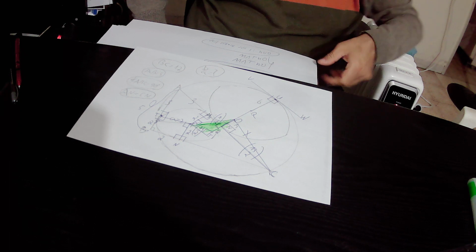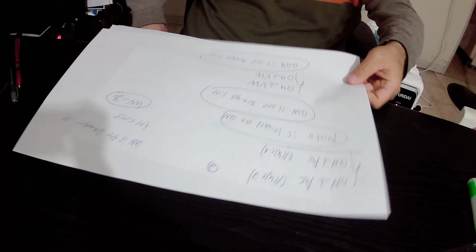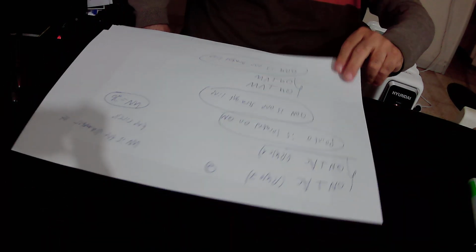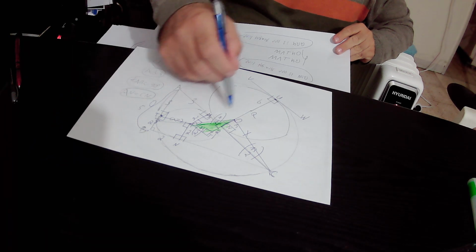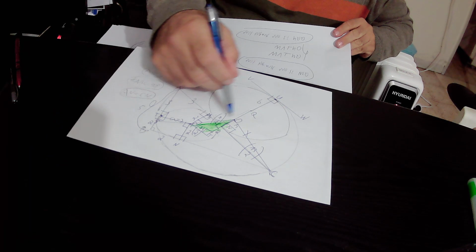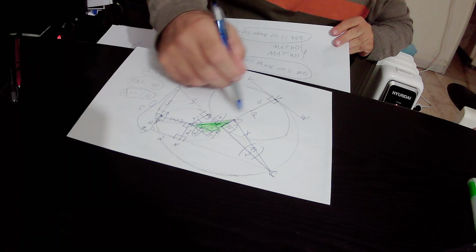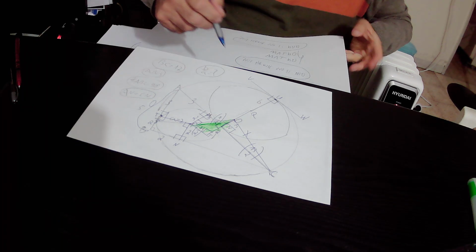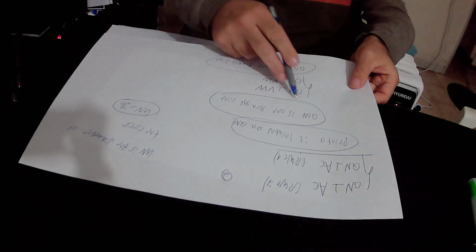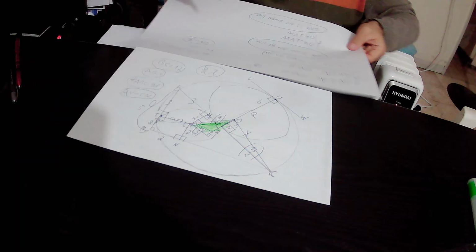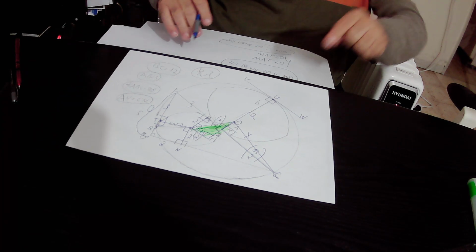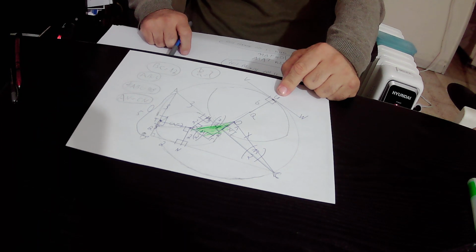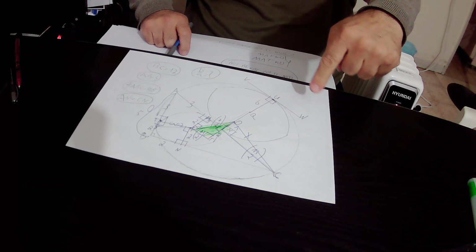Again, point O is located on QN. That is to say, QON is one straight line. This point is where this circle touches the biggest circle.